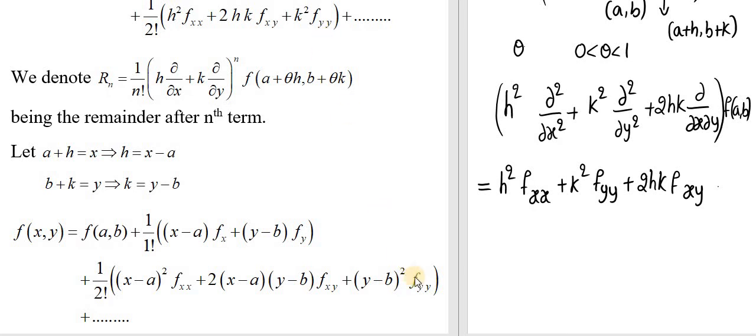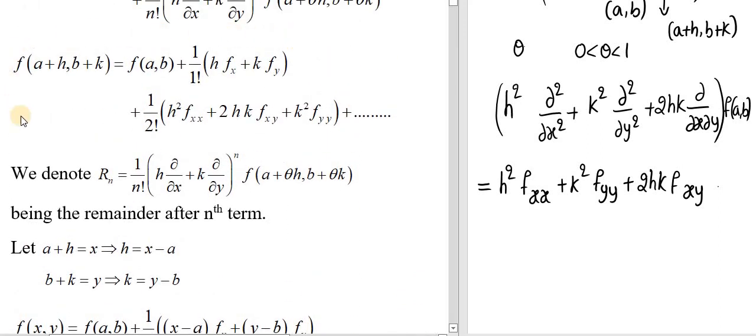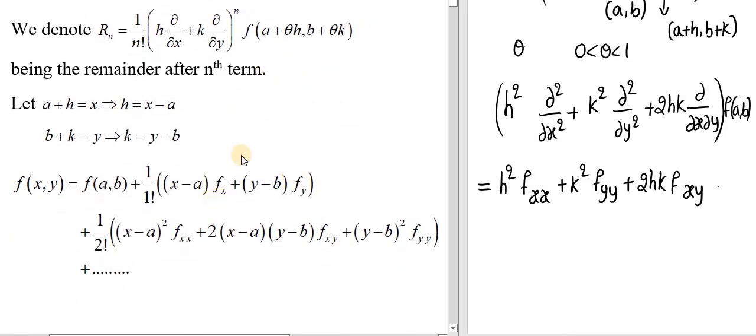Here we have fyy. That's why we write fyy. So here we have the equation in terms of h and k. Whenever we know the values of h and k, we are going to replace those values. Then we are going to get this expression.